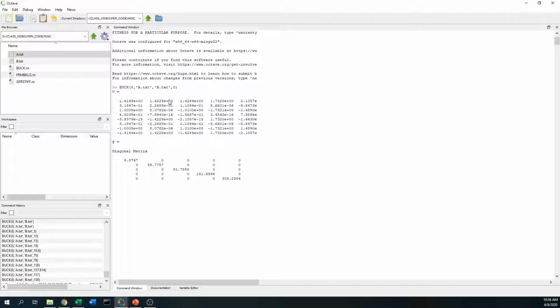So the first row and first column, no, only the first. Why do we have just this many? It's supposed to be 8 by 8. Did we get something out? Where is it? Let me check.